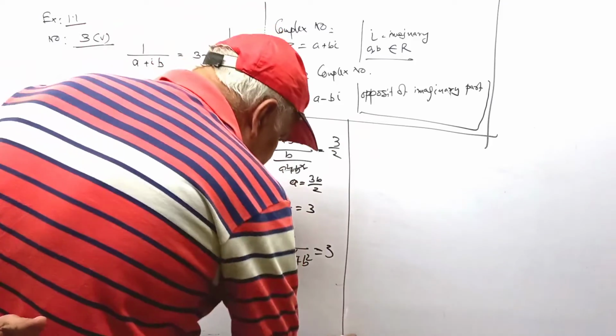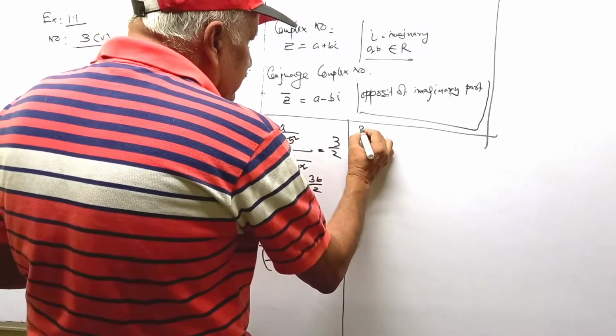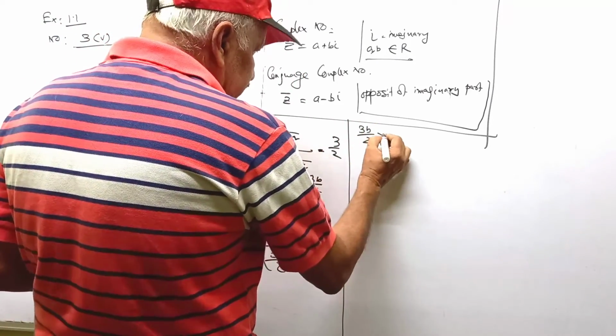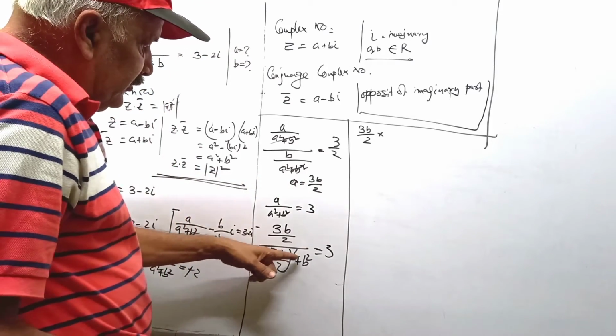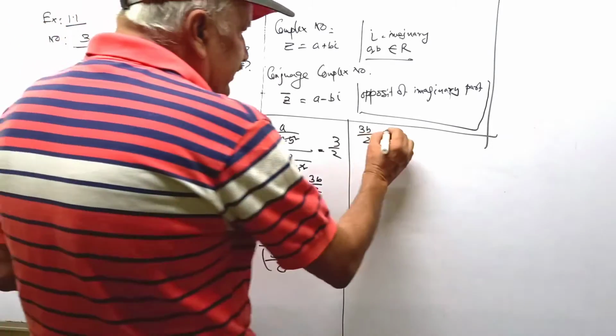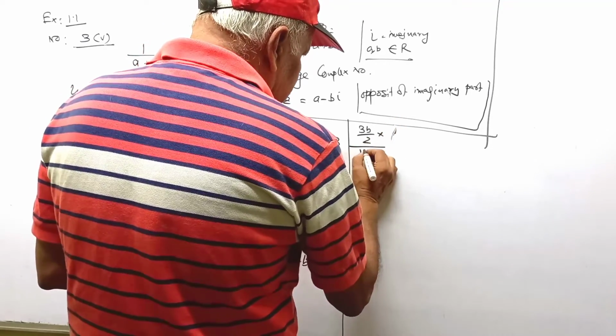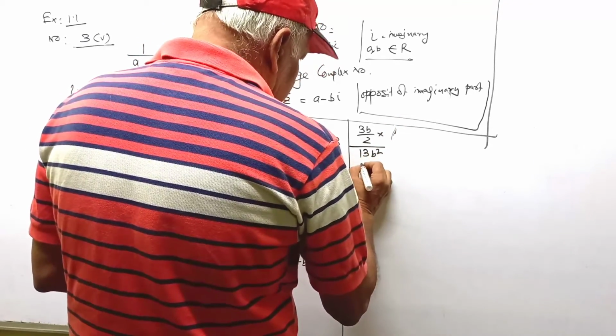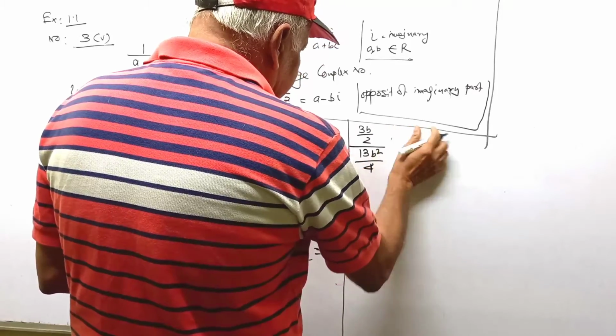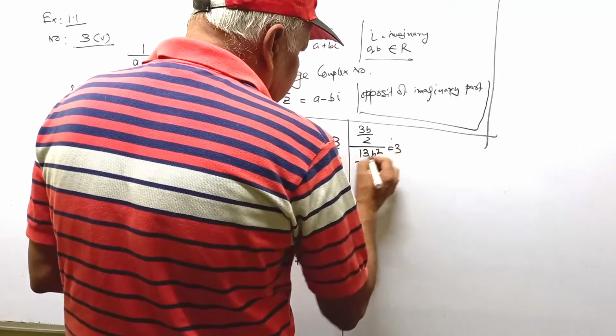Now you see here, 3b by 2 whole square, in short, we are writing 9b square by 4 plus b square, that is 13b square by 4, and this value equals 3.